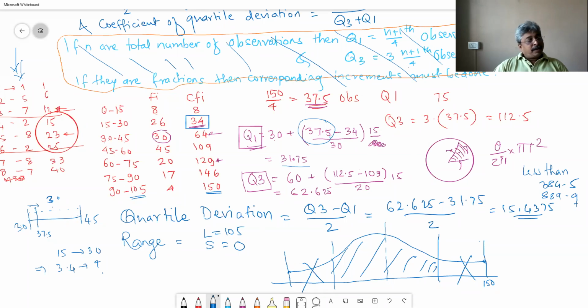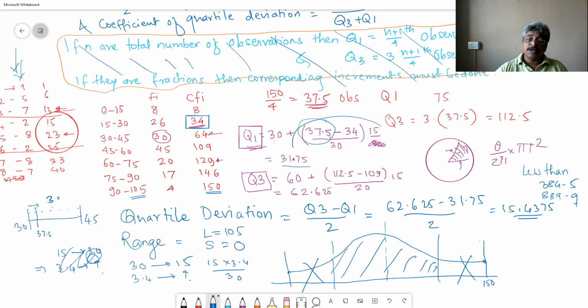Sorry, hold on. 30 corresponds to 15. Then 3.4 corresponds to how much? Unitary method, 15 into 3.4 upon 30. You have to add it to 30. So that is this number.